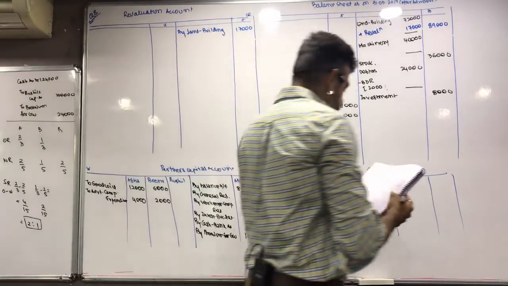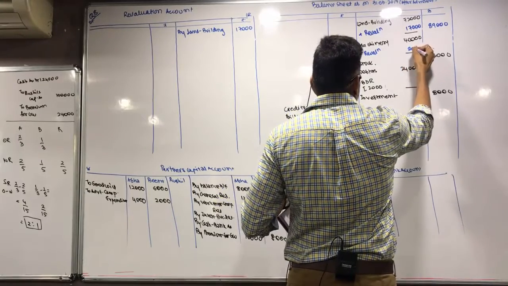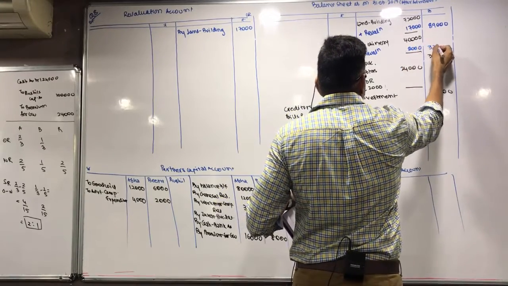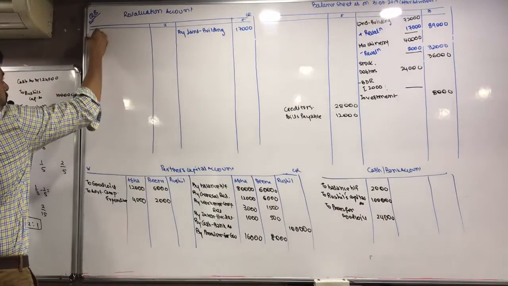Machinery decreased by 8,000, revaluation 32,000, to machinery.